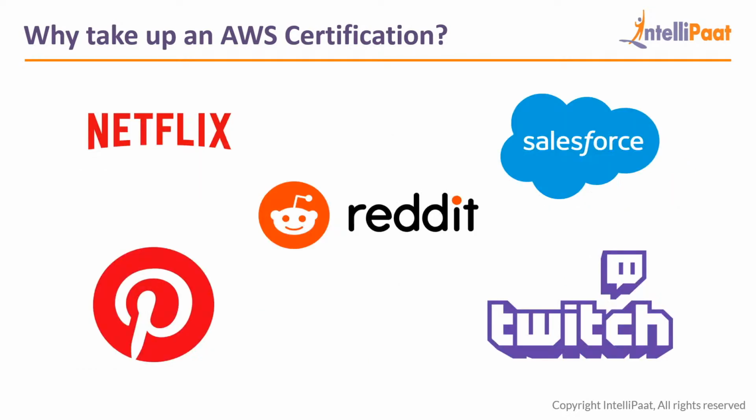What are the major companies which use AWS? Netflix, Reddit, Salesforce, Twitch, and Pinterest. I'm showing you this because you can get a job not just in a small company, let's say a startup, but also in an MNC or a very large company like Netflix.